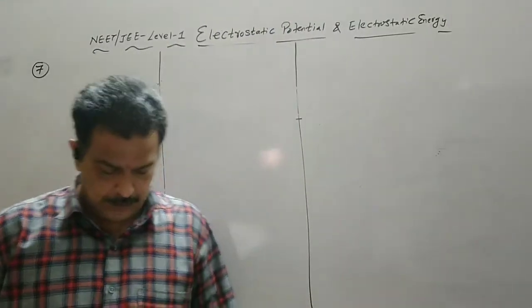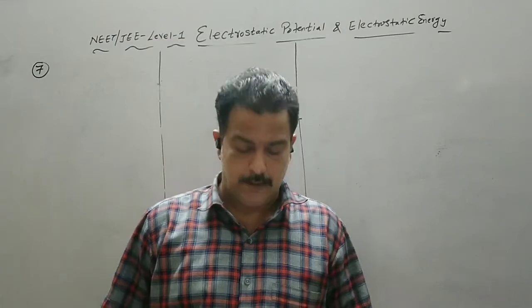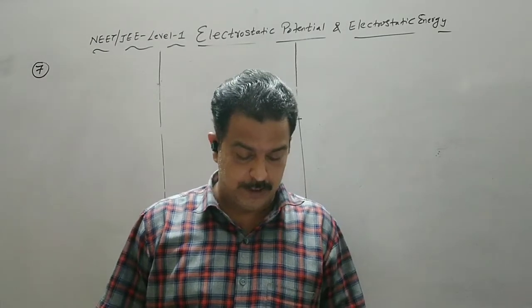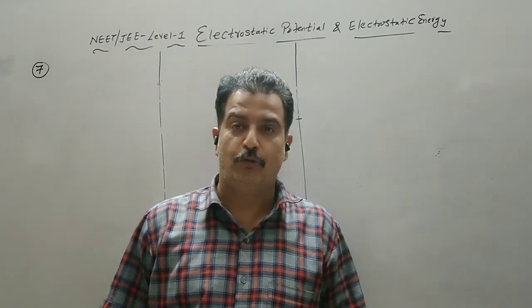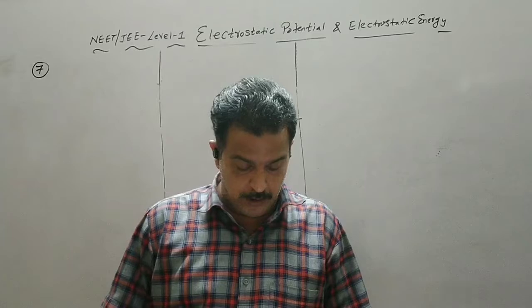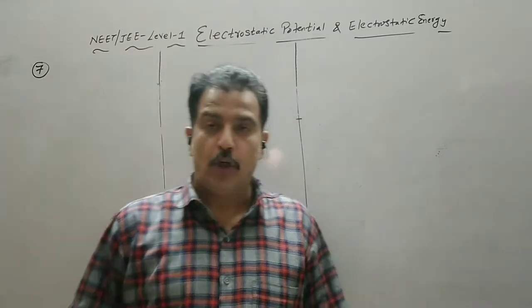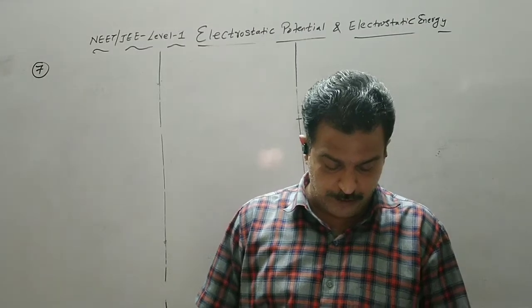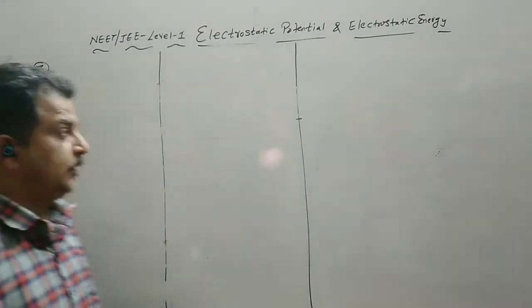MCQ 7. An infinite number of charges, each of magnitude 1 microcoulomb, are placed along the x-axis at 1, 2, 4, 8 meter, that is, infinite distance is given. The charges are kept alternately, means one charge is positive, the other is negative. You have to find out the potential at the origin.